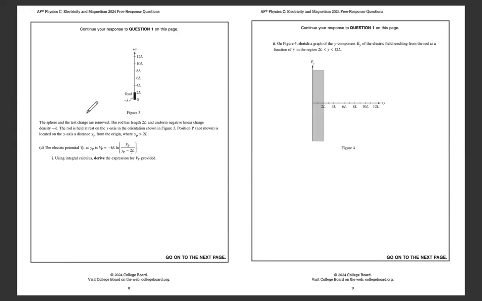All right, the sphere and the test charge are then removed, and you want to use integral calculus to derive the electric potential where point P is above the rod.